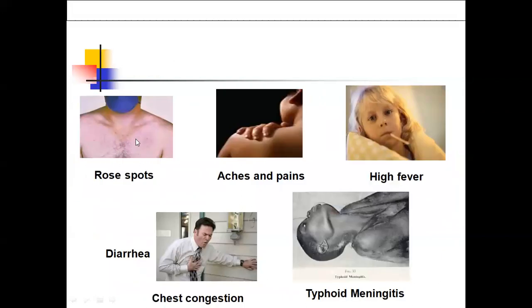There are different stages of typhoid fever. Rose spot is one of the significant symptoms, called the delayed typhoid fever response. In the second or third stage, rose spots develop in the chest region. Simultaneous high fever of 103 to 104 degrees Fahrenheit and chest congestion are critical symptoms.